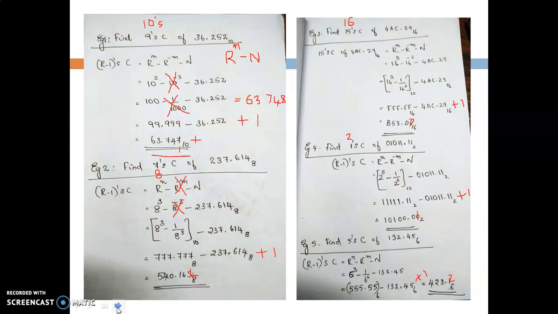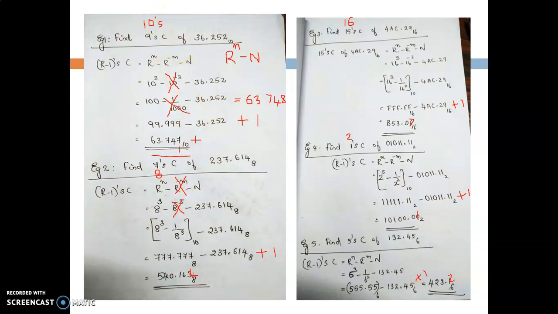What is R minus 1? That is the 9's complement for the decimal number system. It is subtracting each digit from the highest possible digit. If you want to find the 9's complement of 36.252, it is 99.999 minus 36.252. And what if you want to find the 10's complement?